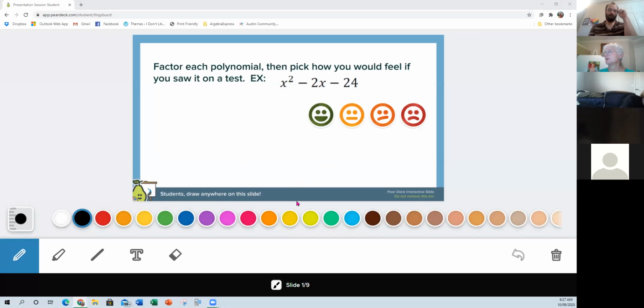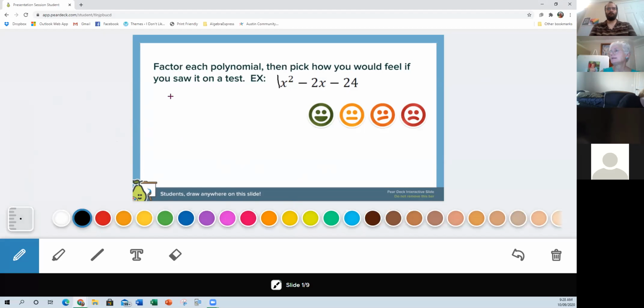So this is what I want you to do. As we go through this, you pick your pencil and make it skinny. This is not ideal as far as I'm concerned because I'm really sloppy drawing with a mouse. So factor the polynomial and then just pick how you would feel if you saw it on a test. Like here, I know this is a trinomial and it has a leading coefficient of 1.